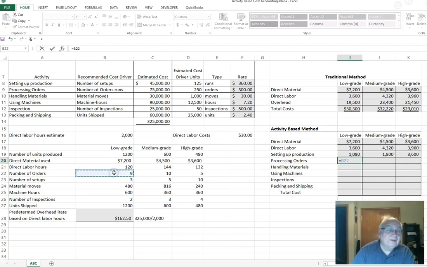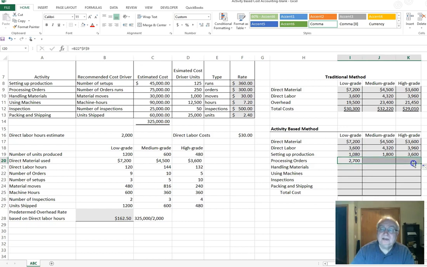Processing orders, well, that's based on the number of orders that we had. So for low grade it was 9 orders times our order cost of $300 per order. So that's the anchor of $300. And we drag that one across, because we want to take the 9 times 300, 10 times 300, and 5 times 300. Handling of materials.